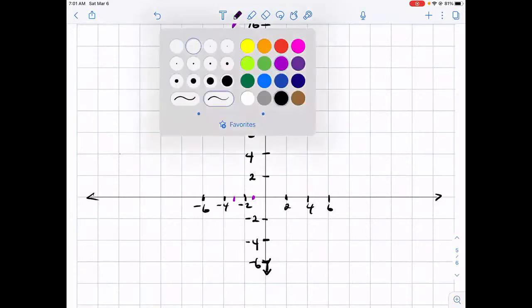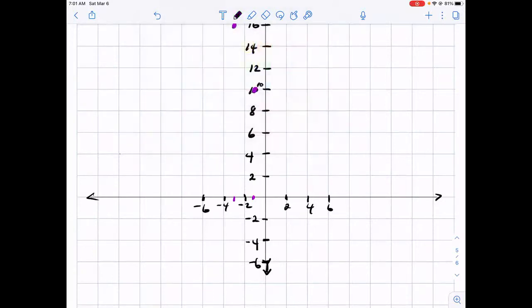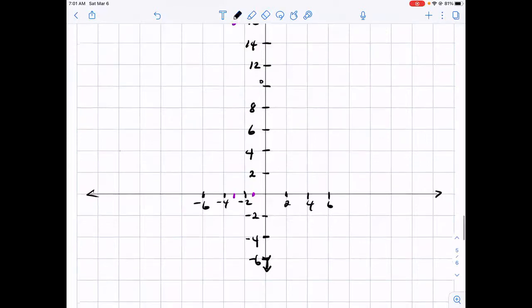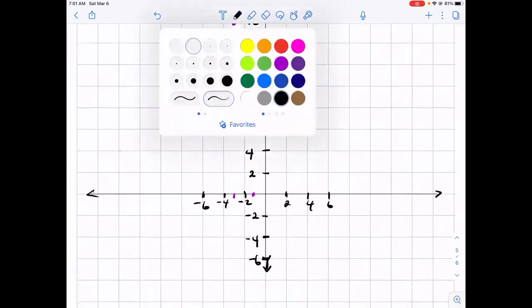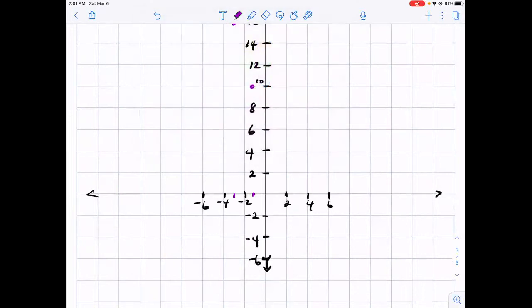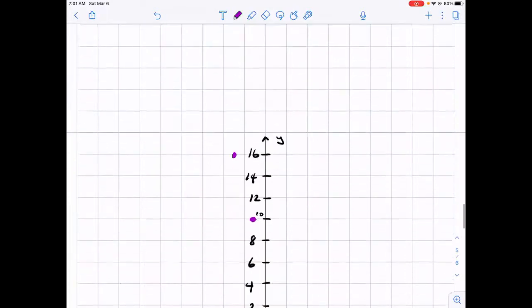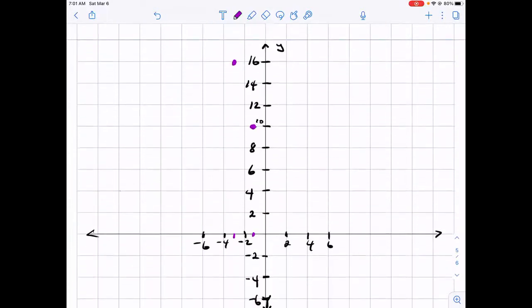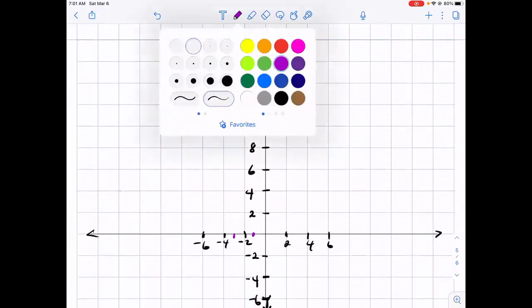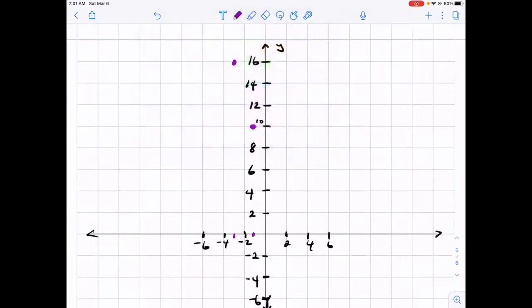So let's rewrite that 10. My point falls right on top of my number. Okay. Then we have 0, 7. So 0, 7 will be somewhere here.